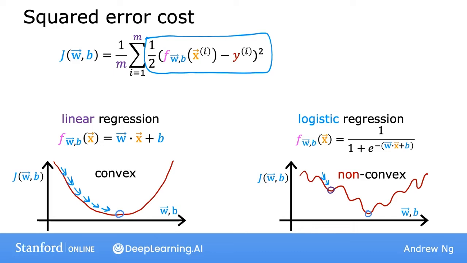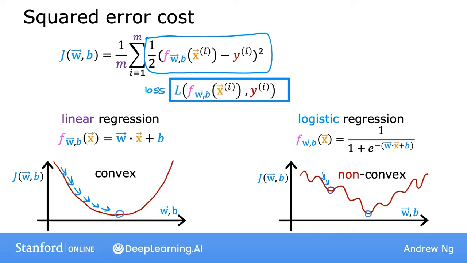In particular, if you look inside this summation, let's call this term inside the loss on a single training example. And I'm going to denote the loss via this capital L, and it is a function of the prediction of the learning algorithm, f of x, as well as of the true label y.